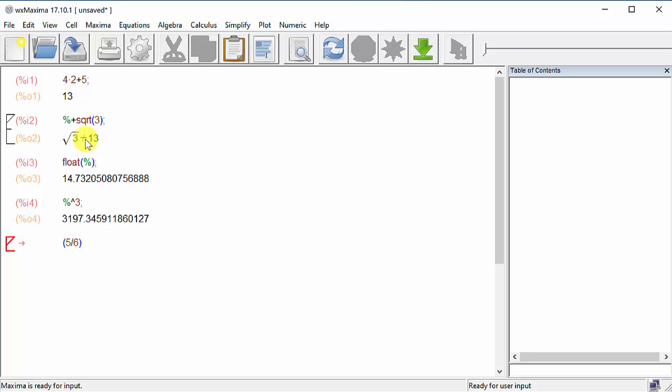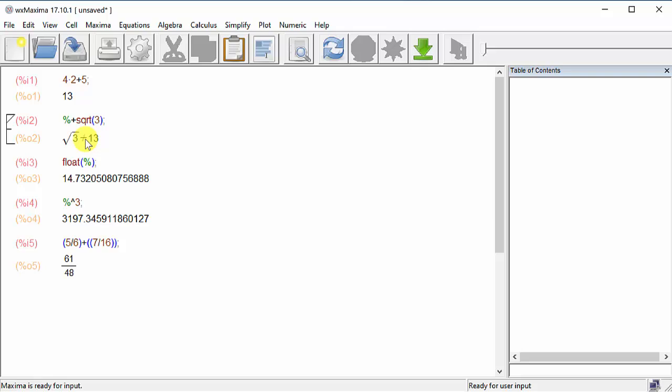Okay. And then we put plus, and then we've got 7 over 16. And we have to put that in parentheses. And then we got to put a semicolon at the end. I think I did that right. Yep. And shift enter.